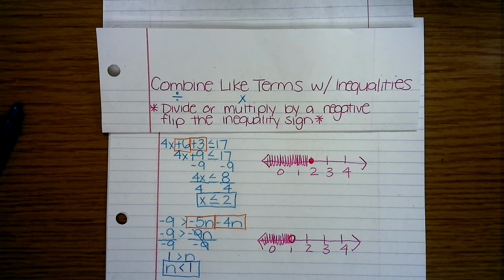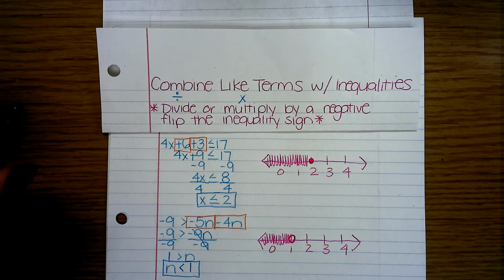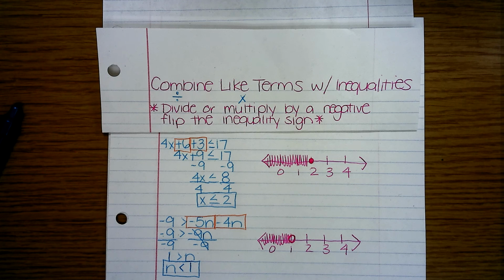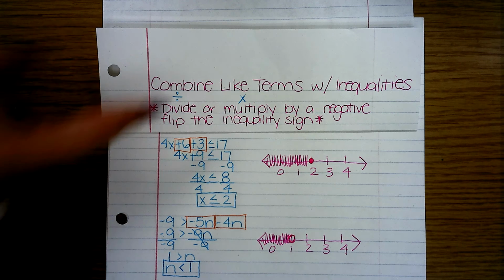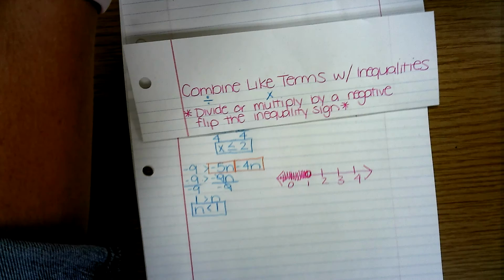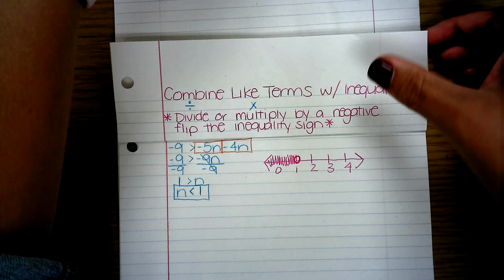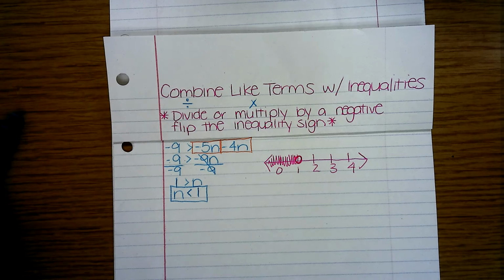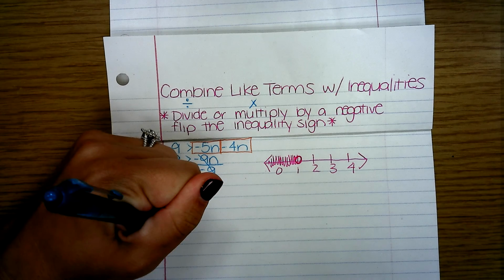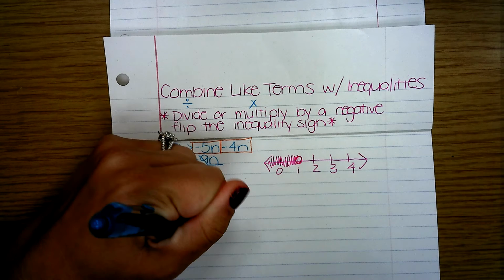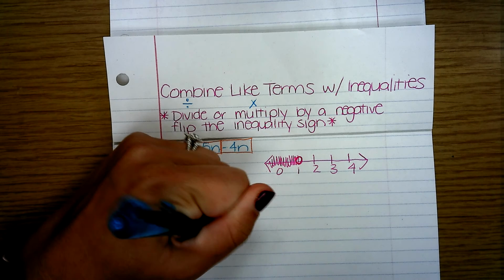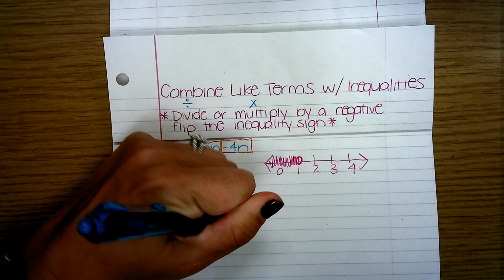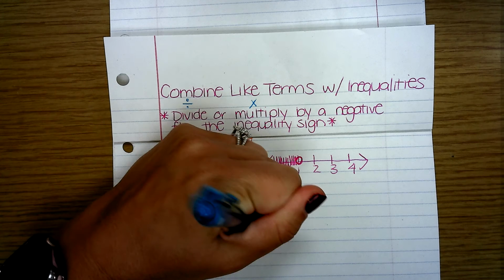Our next example is still going to be combining like terms, but this time we're also going to add in some distribution as well. So we have 15 is greater than 2 times x plus 4, plus 3.